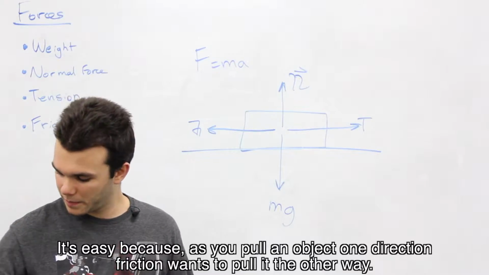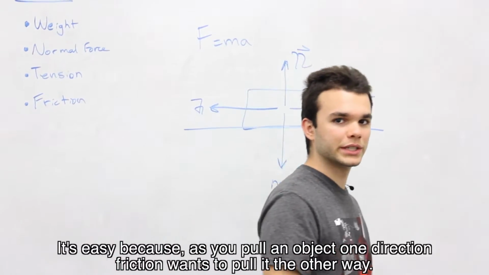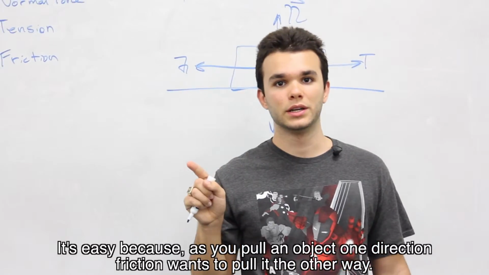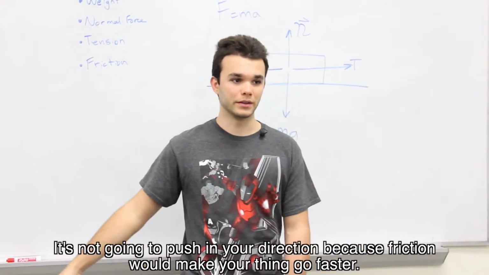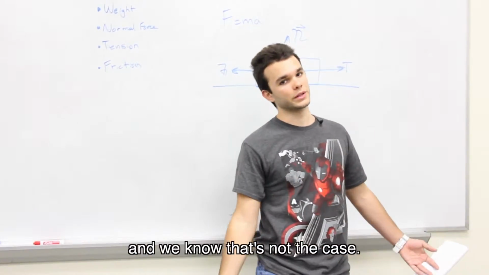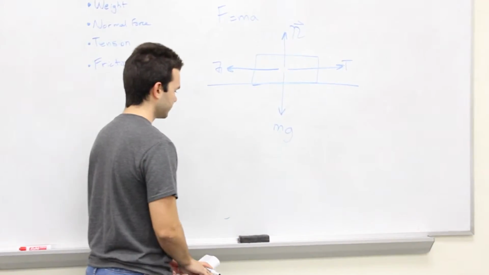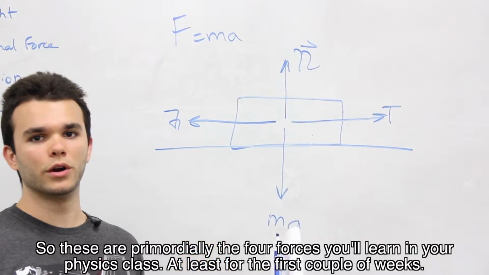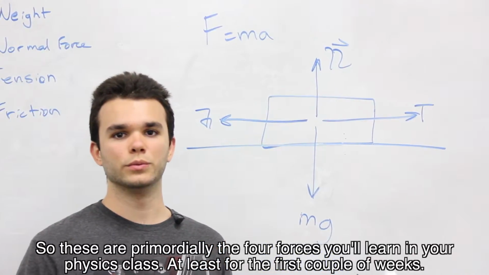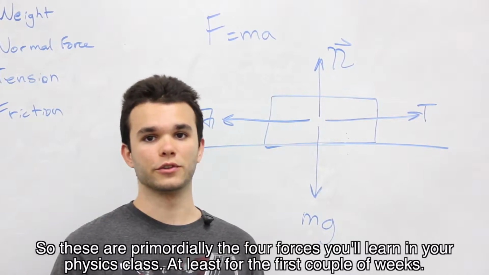It's easy because as you pull an object in one direction, friction wants to pull it the other way. It's not going to push in your direction because if not, friction would make your thing go faster, and we know that's not the case. So these are primordially the four forces you'll learn in your physics class, at least for the first couple weeks.